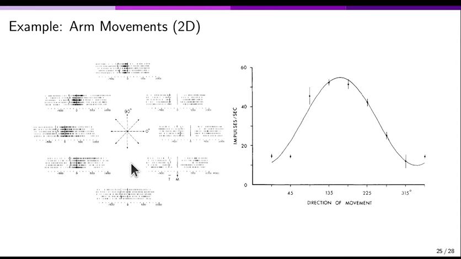What you end up finding is that there's some direction that this neuron really likes, and as you get away from that direction, the neuron activity drops off. If you're going in the totally opposite direction, then the neuron activity is even lower. You can see that plot right here. So this is a classic case: there is a preferred direction for this neuron, and things drop off on either side of it.